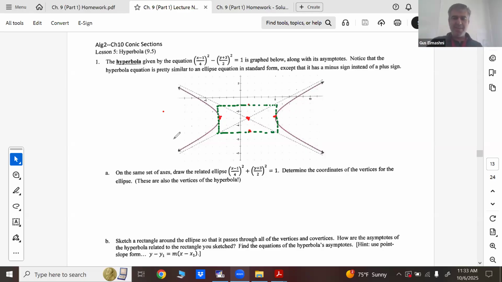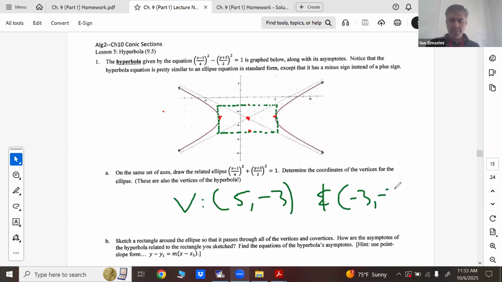That's a good looking rectangle. All right, so what are my vertices? My vertices are (5, -3) and (-3, -3). That makes sense? We're good with that?